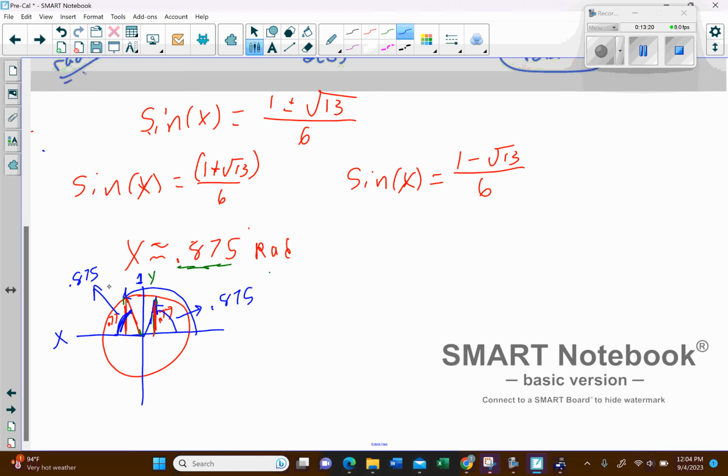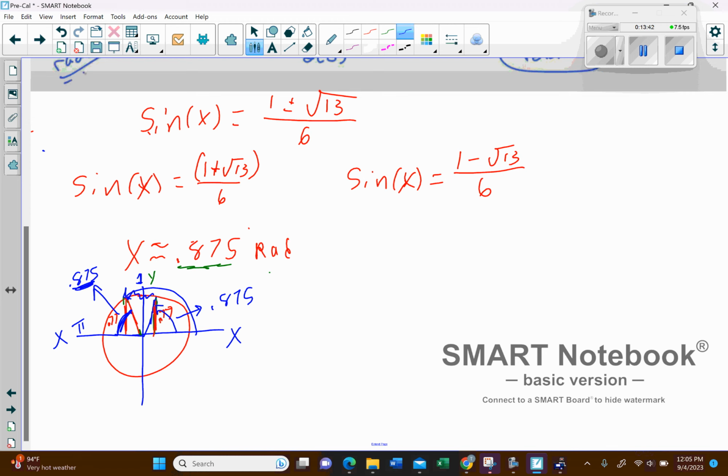So if I want to figure out the angle starting at my initial side right here on the x-axis and rotating around to right here, well, a half a rotation is pi. A half of a rotation would be pi. And so if I were to subtract off the 0.875, then that would tell me what this angle is right here.